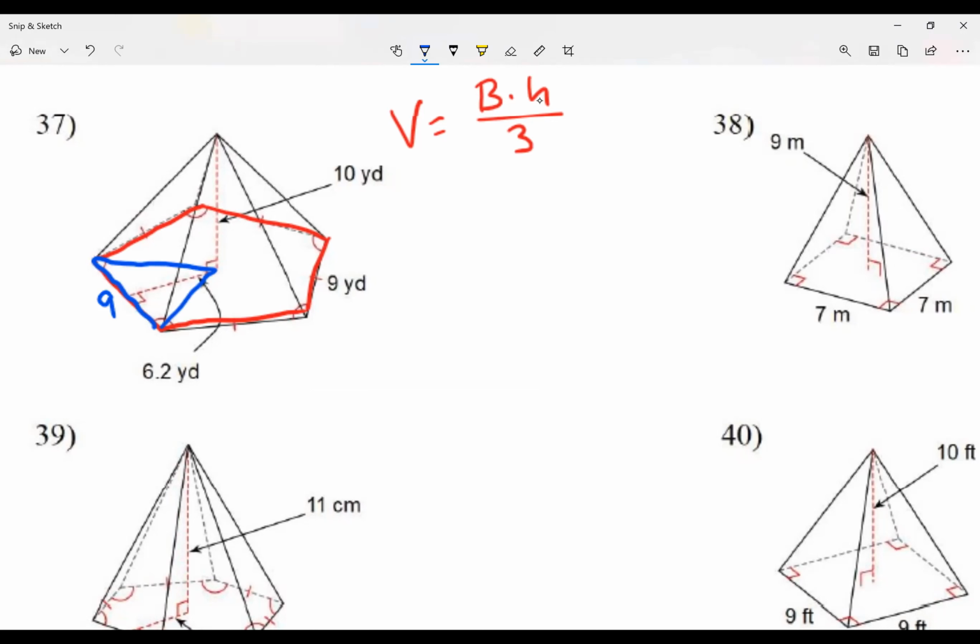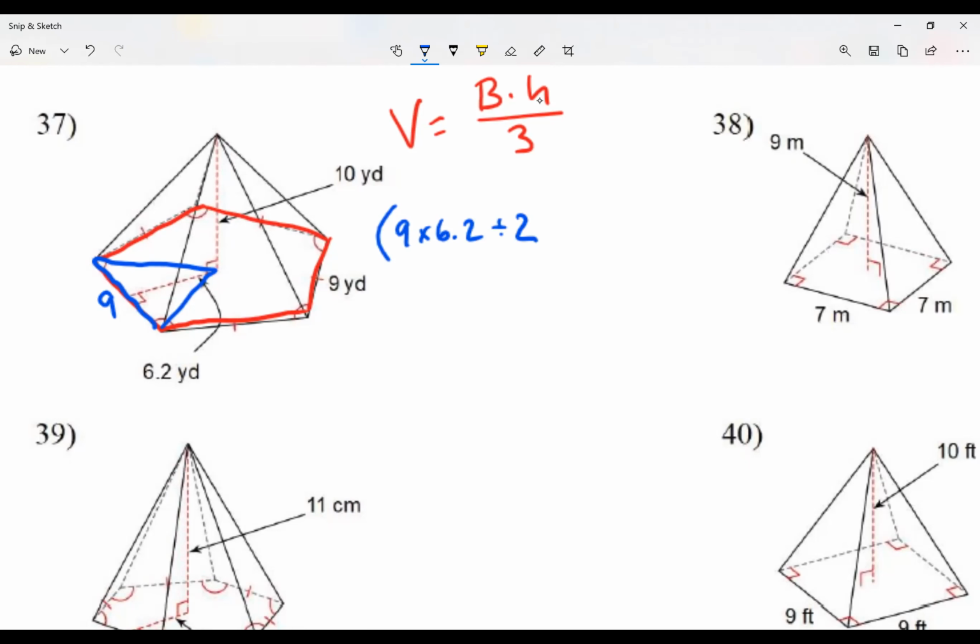So I remembered I gave you guys this formula. And I used to say for a pentagon, look for the triangle first. I'm just going to go 9 times 6.2 divided by 2. That's the triangle.